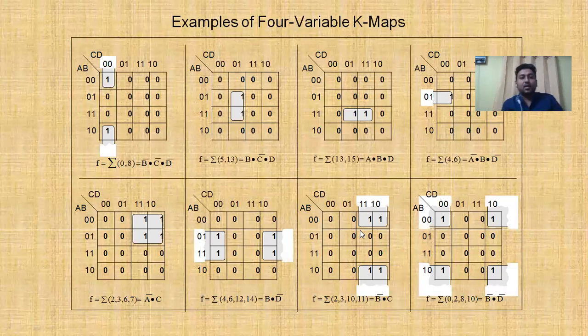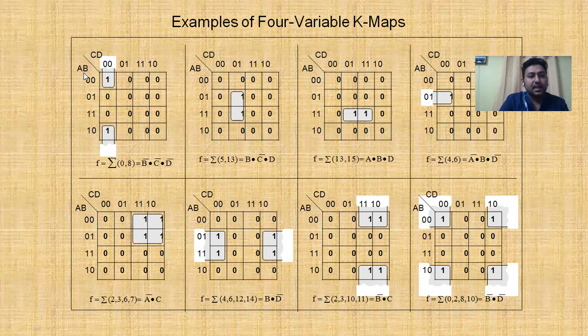Next, an example of 4 variable K-maps. Four variable K-maps means we know the format: 16 cells from 0 to 15. A, B and C, D are the variables.